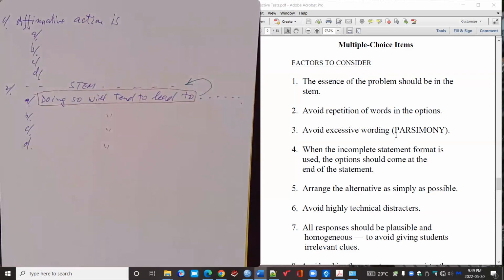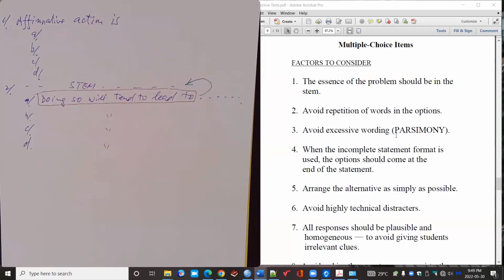Avoid excessive wording. Right? Parsimony. The KISS principle. Right? So as not to increase reading time unnecessarily. And besides, making things simple, concise, and to the point. Right? So as to impart clarity to the item.